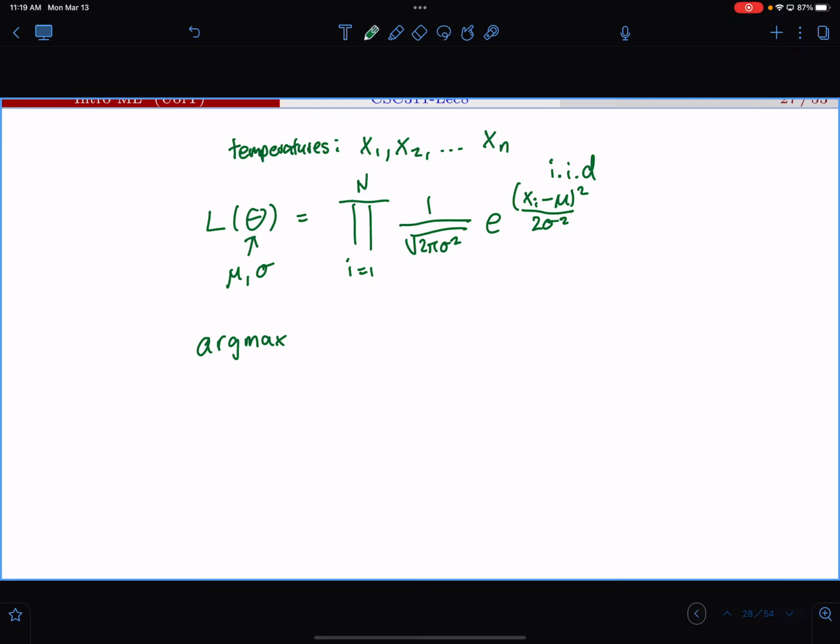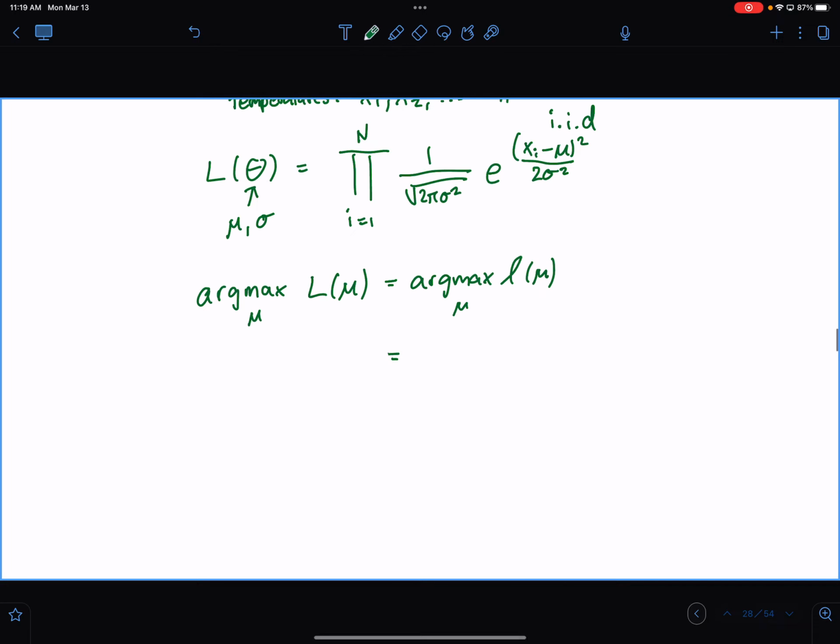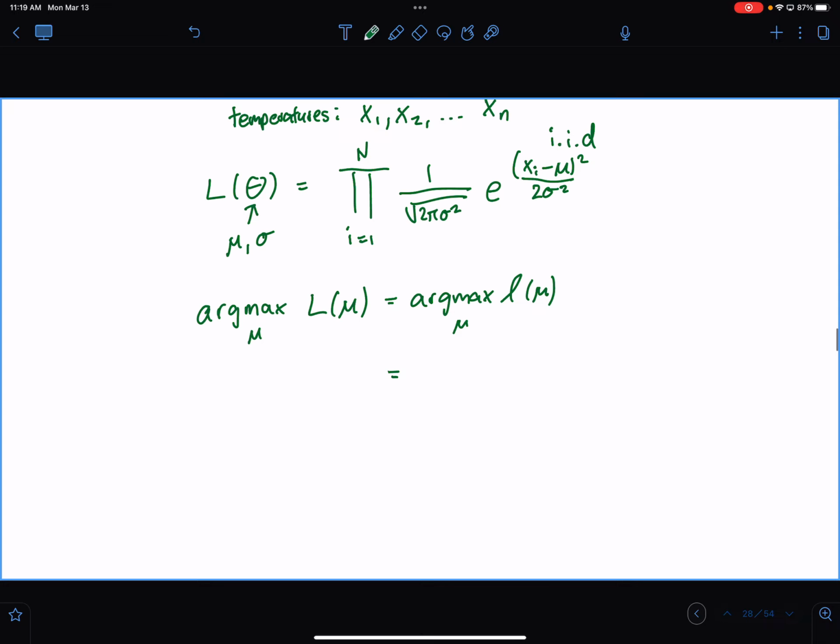So argmax L of mu is going to be equal to the log, which we used lowercase l to write last time. If you take the log of the entire expression, the product just becomes a sum of terms instead. So we have sum i equals 1 to n.